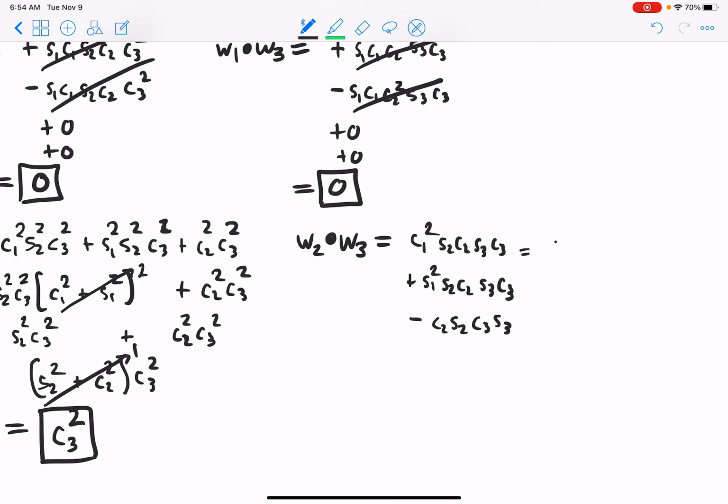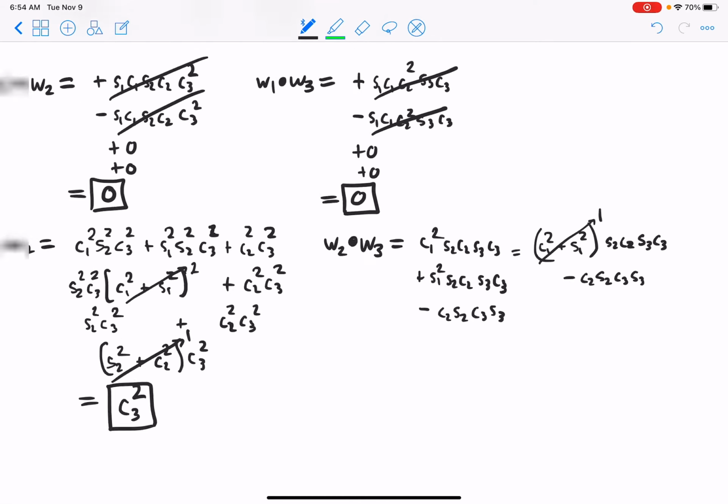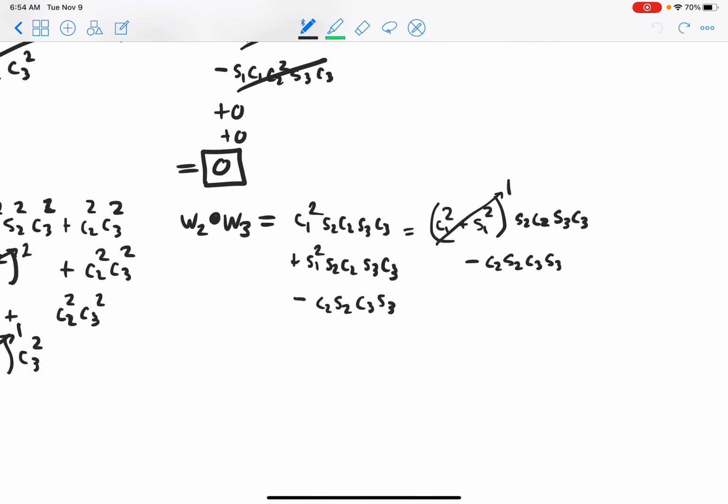So all of this is going to be C1 squared plus S1 squared times S2, C2, S3, C3. And then we still have this one, minus C2, S2, C3, S3. So this becomes a 1. And then these two remaining factors, we look at them and we try to say, what can we do with them?